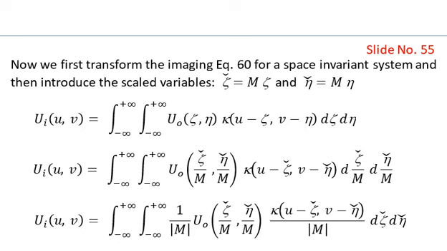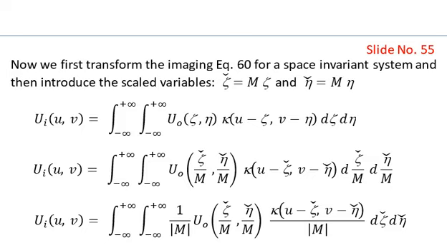And now we first transform the imaging equation number 60 for the space invariant system, and then introduce the scaled variables that we have already introduced above, that is ζ̂ is equal to m times ζ and η̂ is equal to m times η.